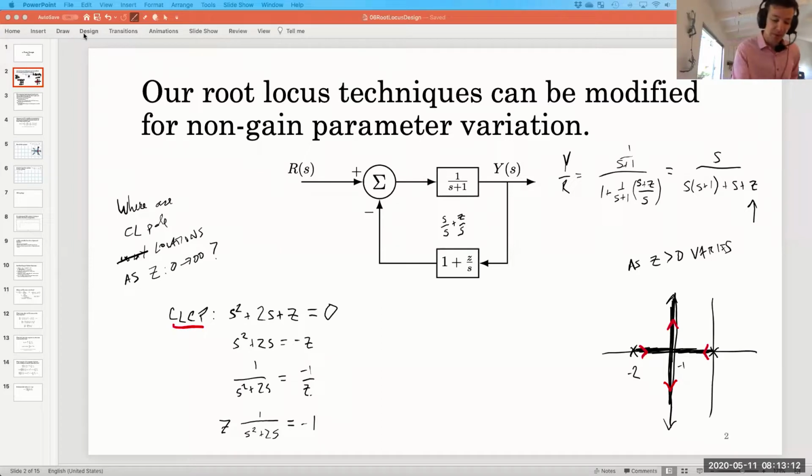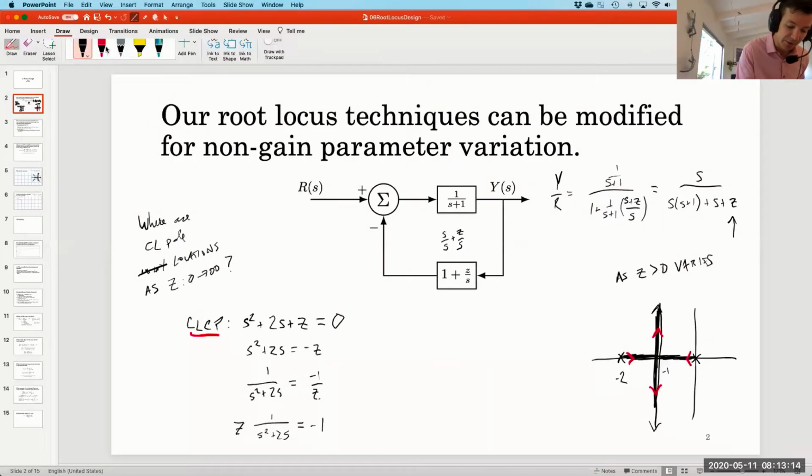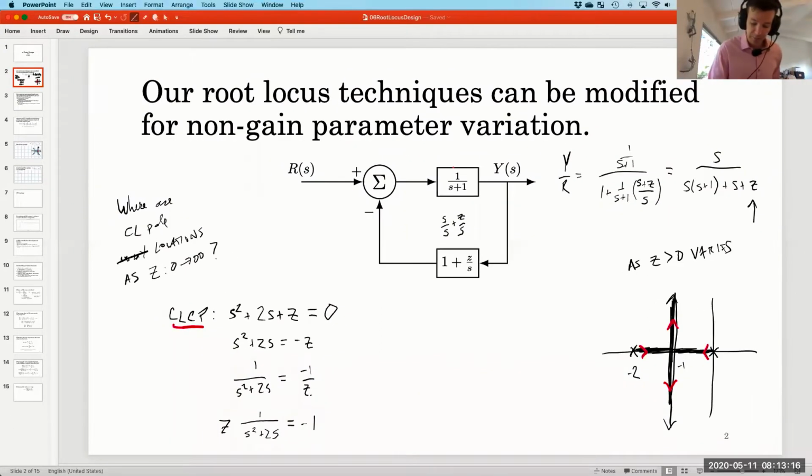What I want to call your attention to here is that the closed loop transfer function over here, y over r, has this thing added to 1 in its denominator. However, this thing is missing the parameter that we are trying to vary. And that was the form of all of our root locus rules from Unit 5.